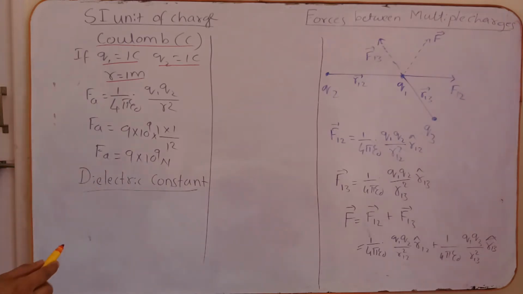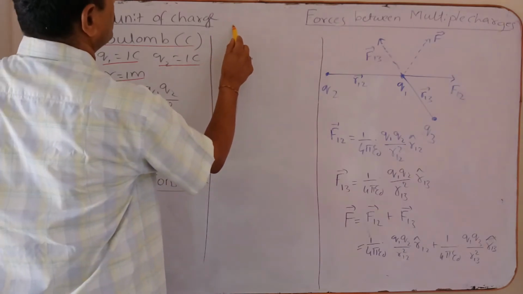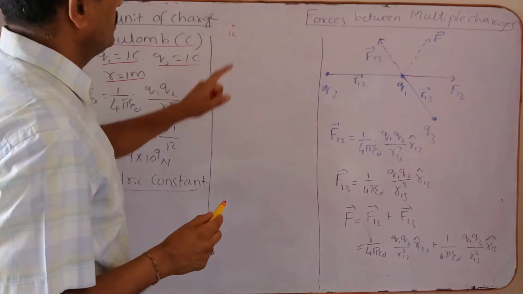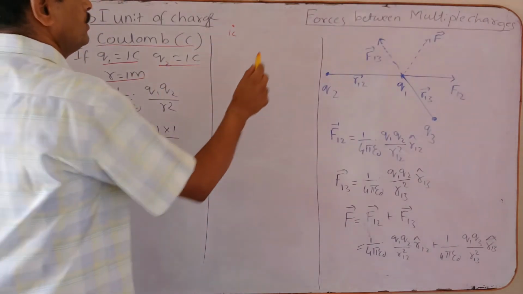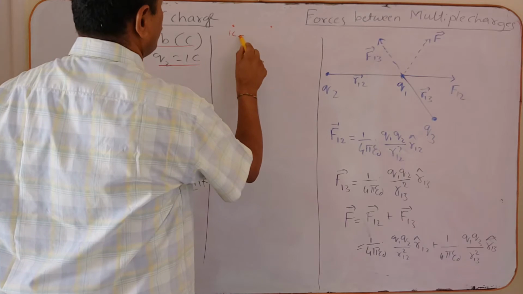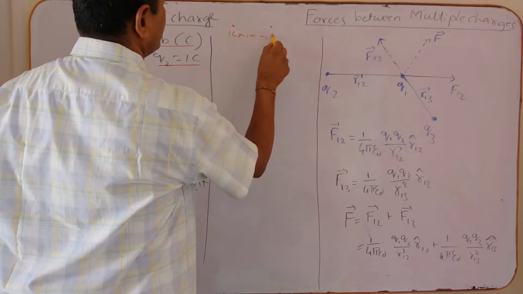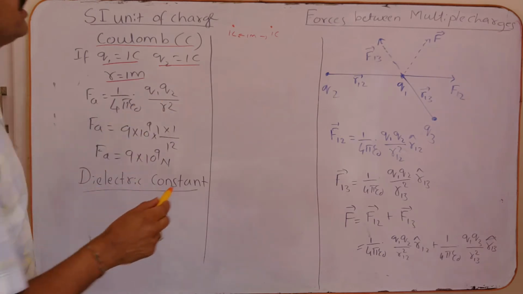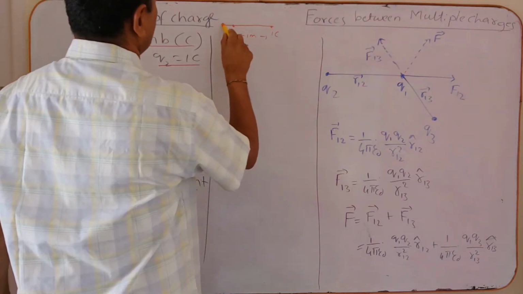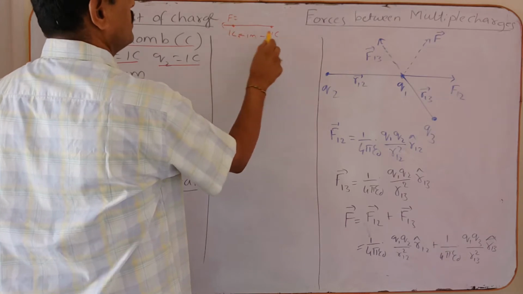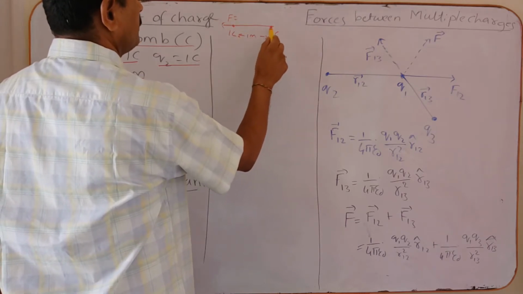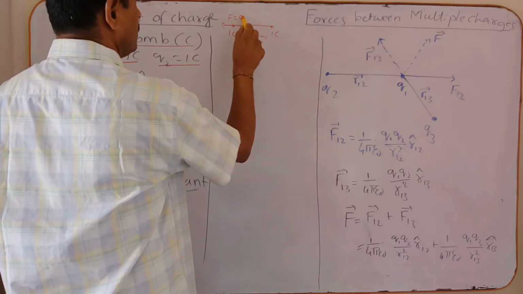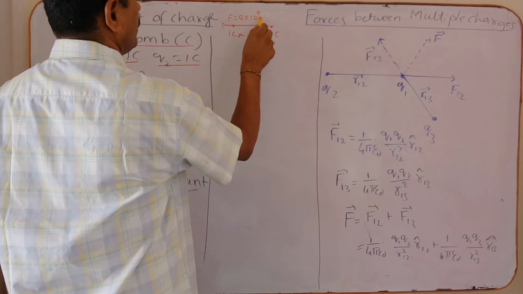Now define 1 Coulomb. 1 Coulomb is defined as that charge which, placed at a distance of 1 meter from an identical charge in the free space, experiences a force of repulsion of 9 into 10 to the power of 9 Newton.